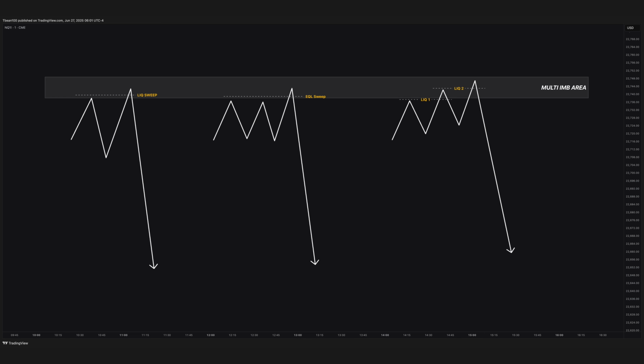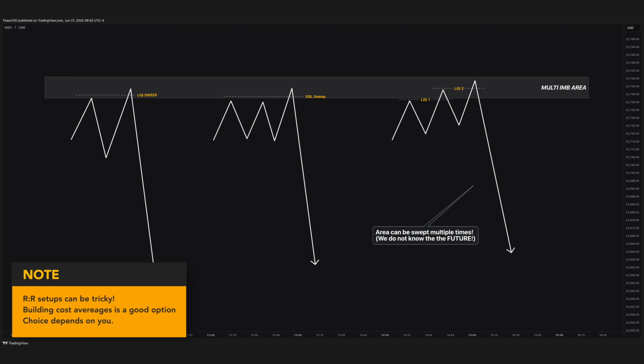However, what I see a lot, especially in the Nasdaq, is this. Multi-time liquidity sweeps, a couple of fake sweeps, like here. Price sweeps the liquidity a couple of times before the movement. Actually, it is not easy to spot this. This is why I like building cost averages around these areas, like the yo-yo setup from the masterclass.